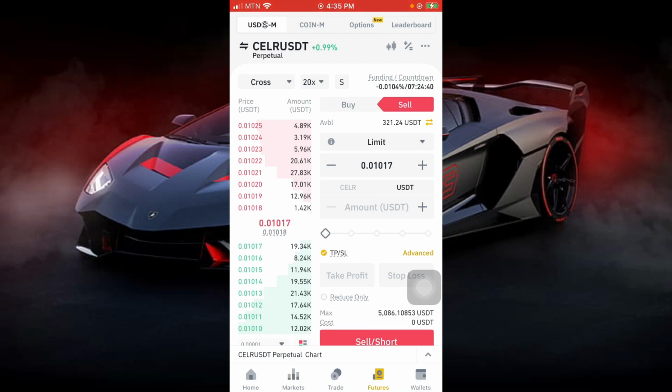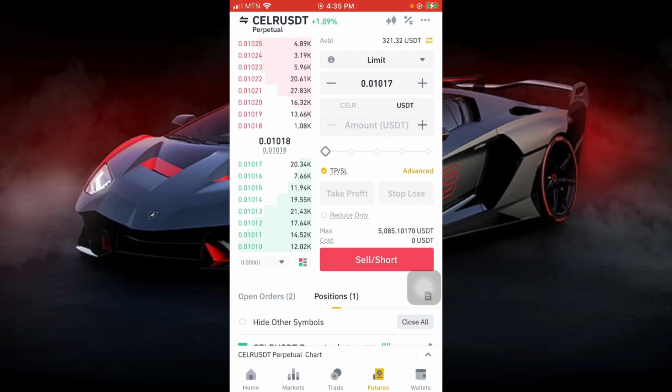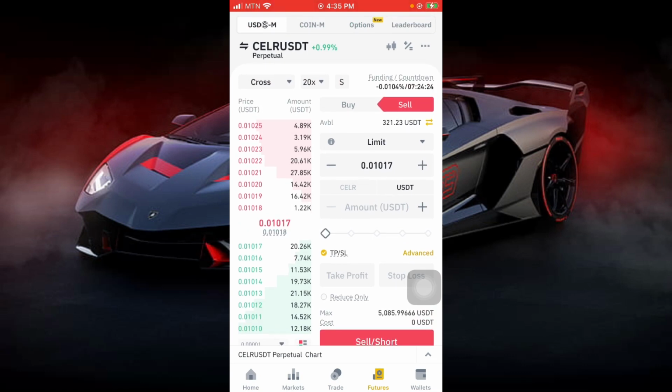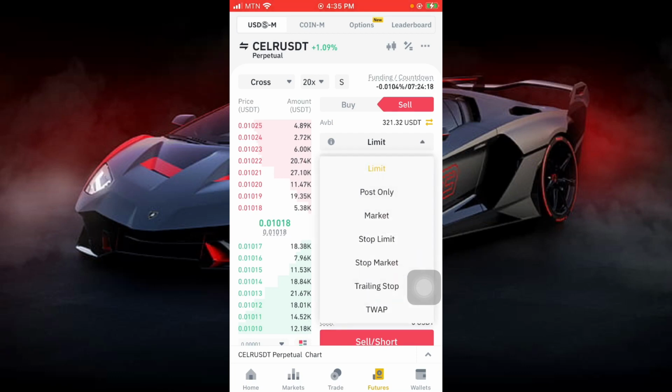So if I tell you to sell something, you have to click on the sell button, then everything will change to red. Then it will now be sell/short. At the bottom, it will now be sell plus short. Then just below the sell, we have 21 USDT. That's my balance. Then we have limit.